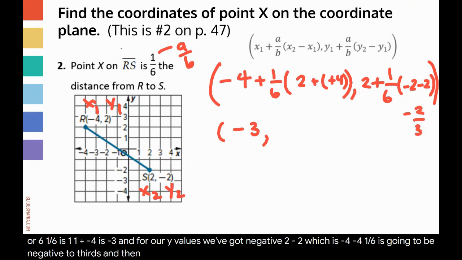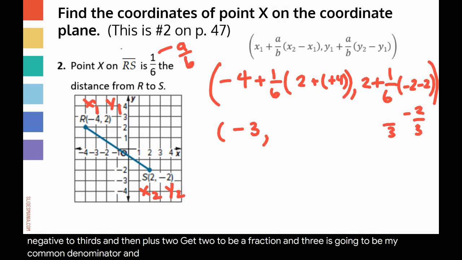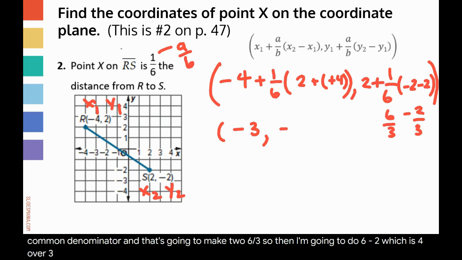And then plus 2. So I'm going to get 2 to be a fraction, and 3 is going to be my common denominator. And that's going to make 6 over 3. So then I'm going to do 6 minus 2, which is 4 over 3.